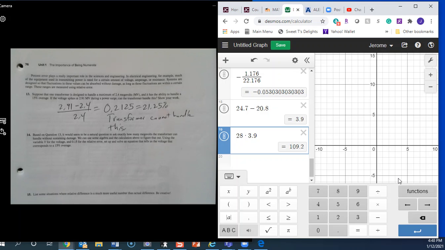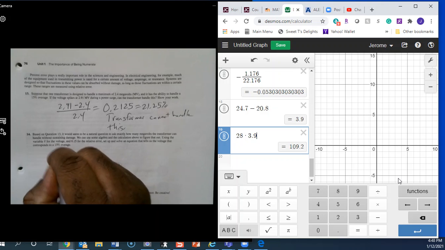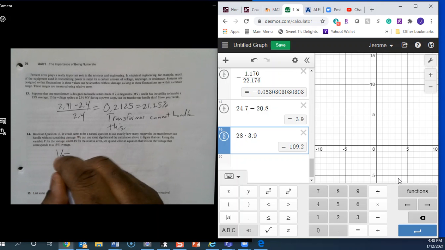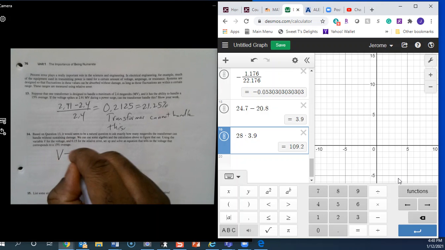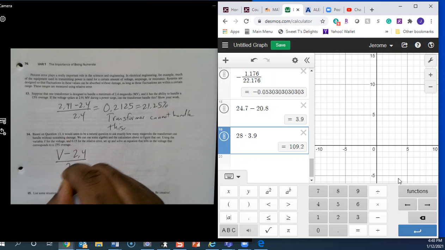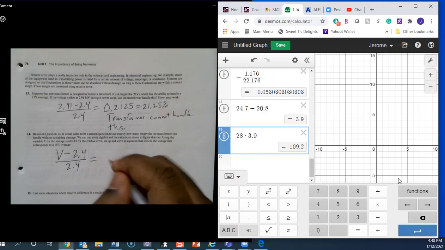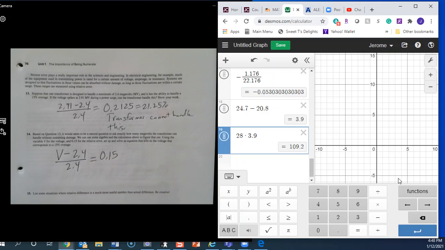Using a variable V for the voltage and 0.15 for the relative error, set up and solve an equation that tells us the voltage that corresponds to a 15% overage. So the new value, which would be the 15% overage, minus the original, divided by the original. And it's supposed to equal 15%, which is 0.15.